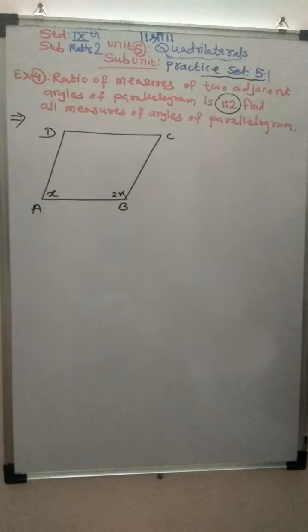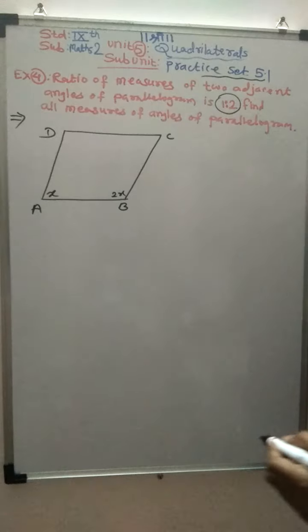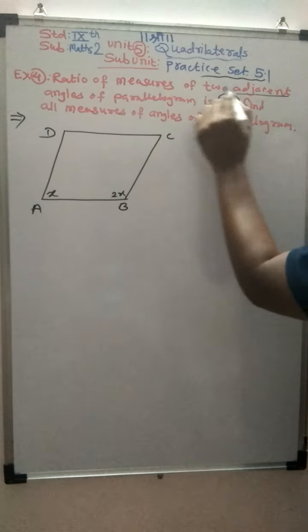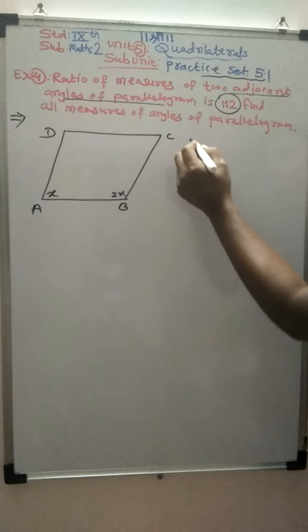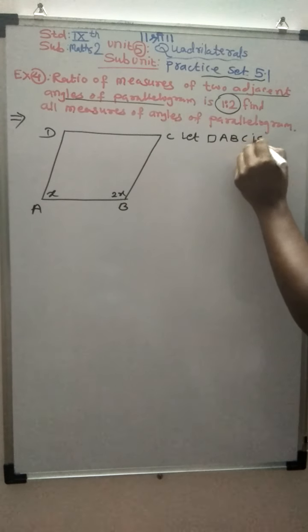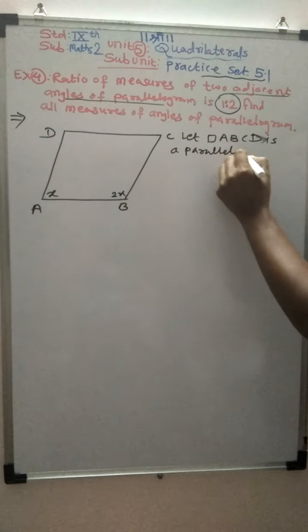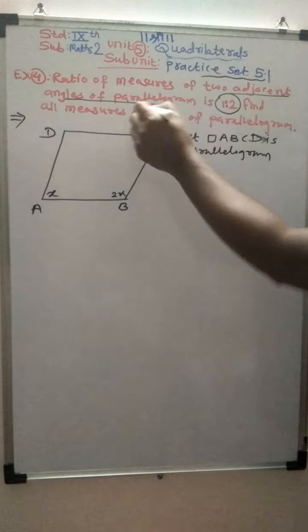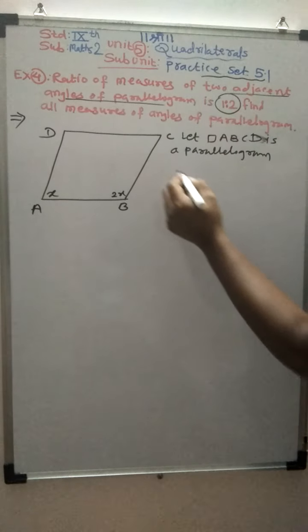How can we find? Use the property of adjacent angles of a parallelogram. What is the property? Adjacent angles of a parallelogram are supplementary to each other. Now here, let quadrilateral ABCD be a parallelogram. This is given, and also given that the adjacent angle ratio is 1:2.